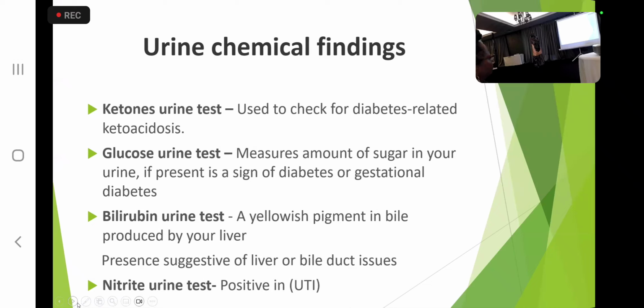What I want to say more on the glucose test is that you just don't take one sample and say, yes, they have diabetes. It might be they just ate something very high in sugar, or something else is going on, because stress can also raise your blood sugar. Next slide.